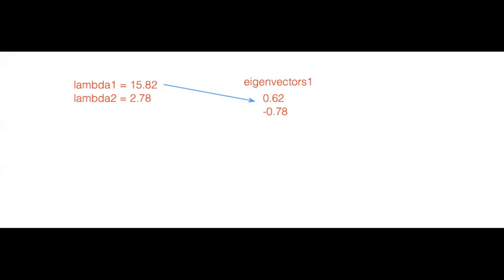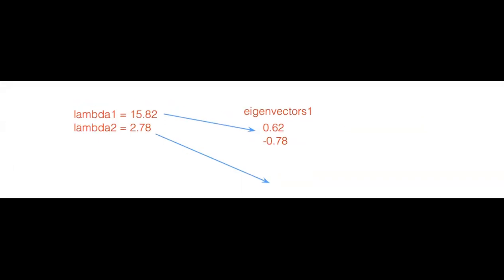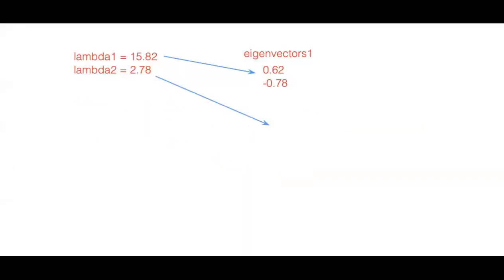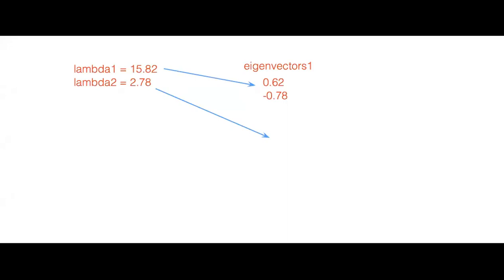And eigenvector 2 will be minus 0.78 and minus 0.62. So this is eigenvector 2, from this covariance matrix.